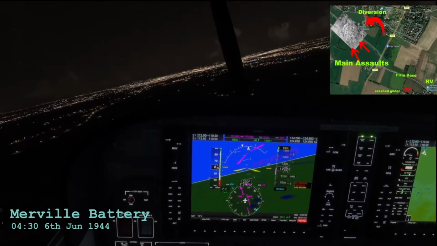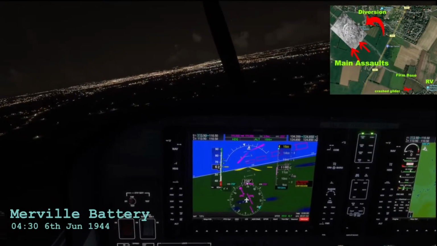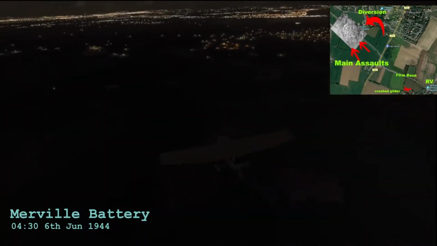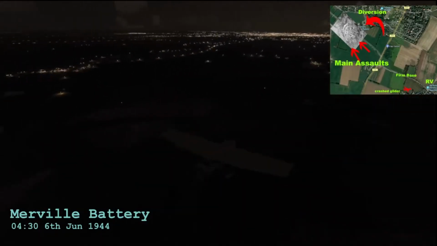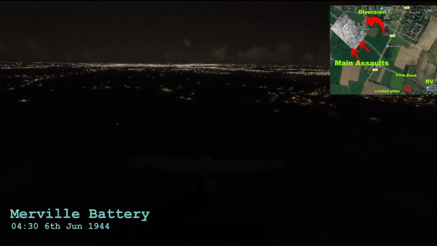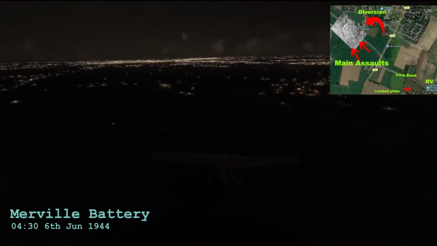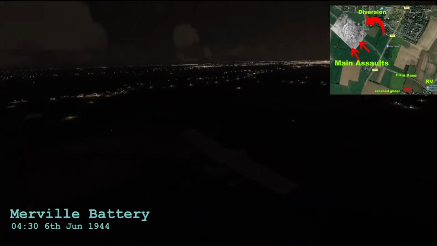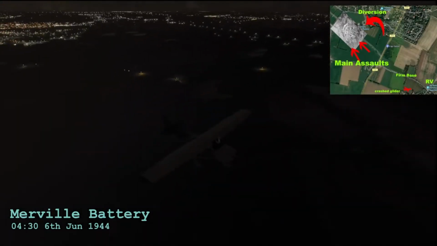But because they didn't have any flares, they couldn't signal to the glider where their objective was. And this has got lights. I can't see where this thing is.